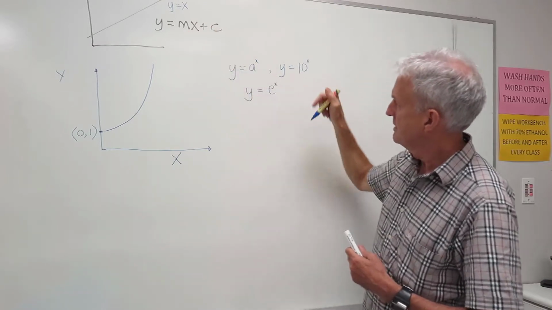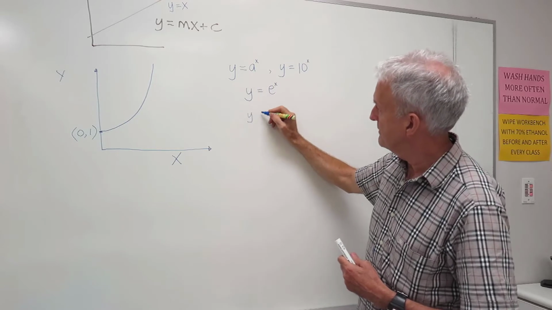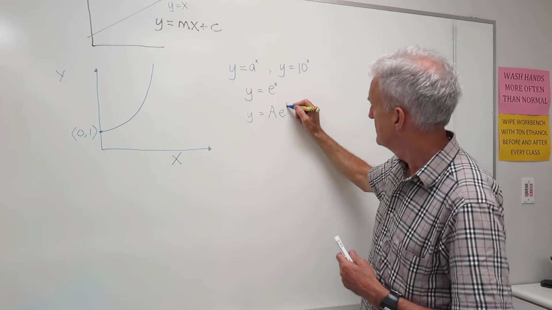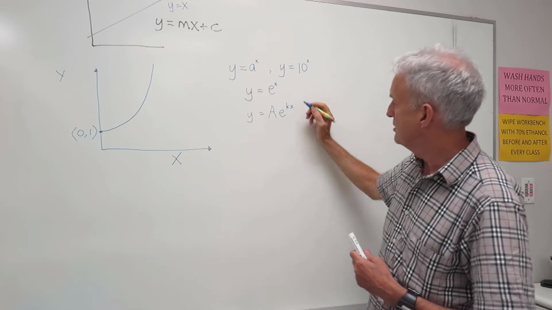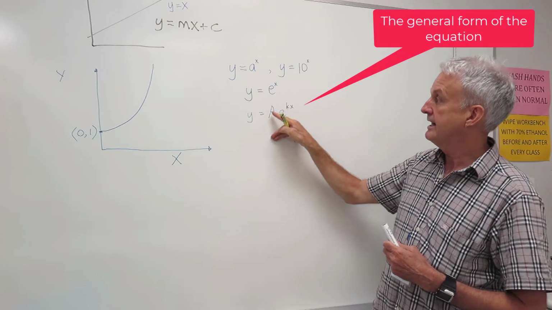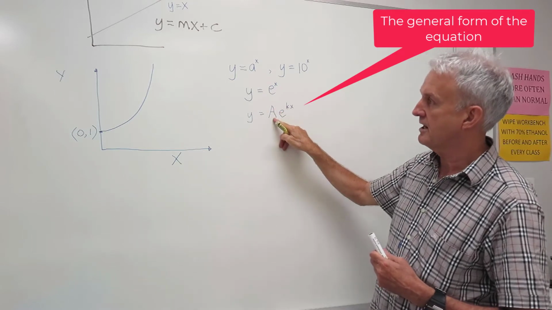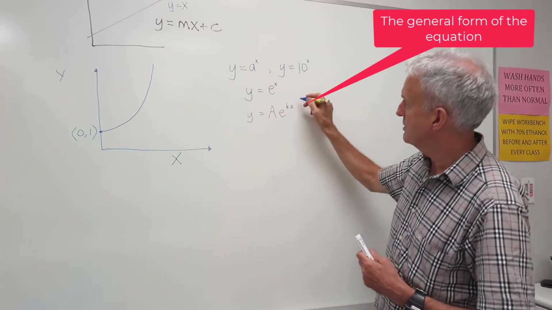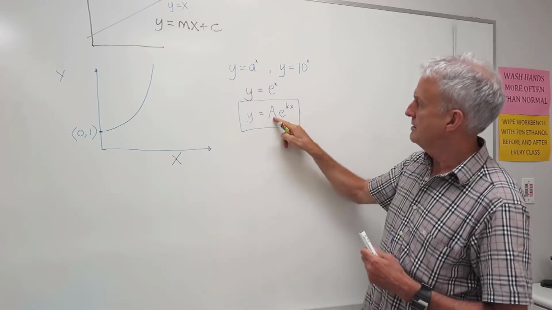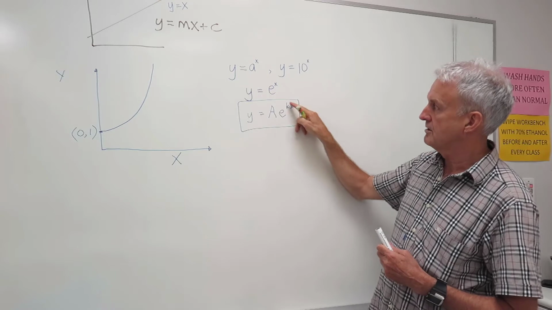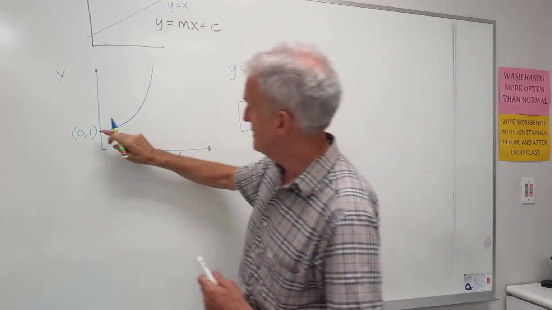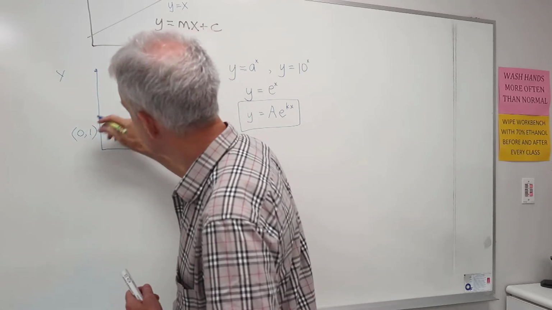Similarly here, I can postulate a form of the equation, and note that there are now two parameters that can be adjusted. A turns out to be the starting value. If you substitute x equals 0 into this expression, y equals a, so I now have a starting value a here.